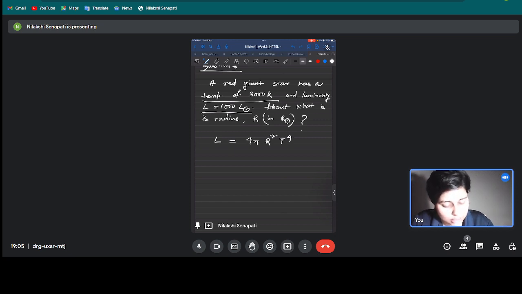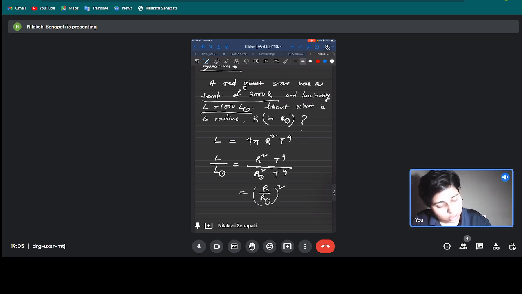If it is like this, then we can compare it with L sun, that is 4 pi sigma R sun square T sun to the power 4. Then L by L sun is R by R sun whole square, T by T sun whole to the power 4.